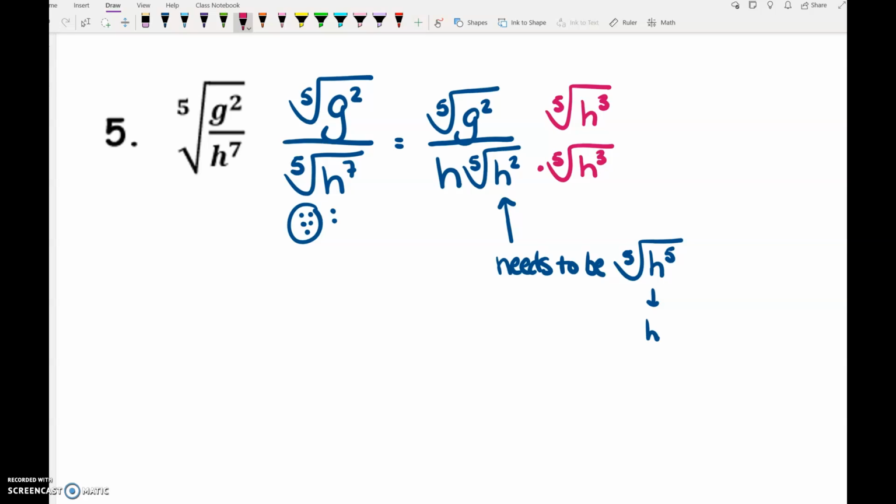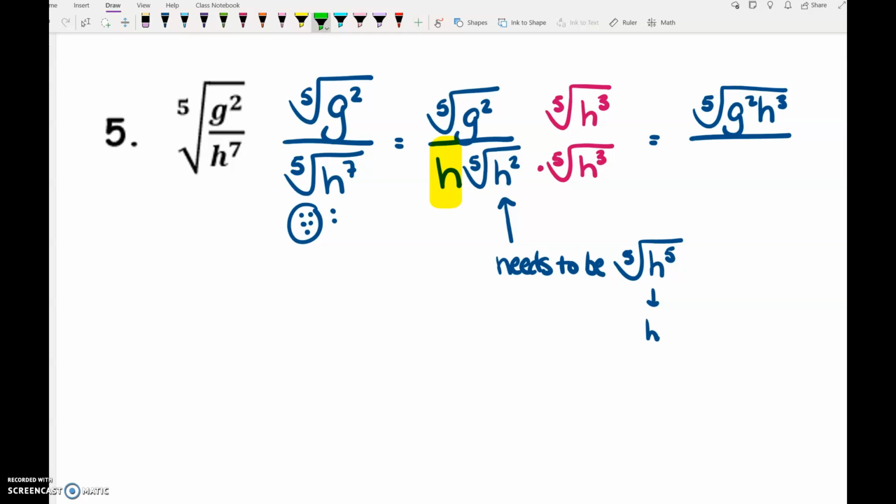I actually like this better than rationalizing with numbers because it doesn't involve the perfects chart. It's just we need a group of 5. We currently have 2. We need 3 more. Now what happens when we do this? On the top, we have the 5th root of g squared h to the 3rd. That's fine. On the bottom, we have the original h that we simplified in our first steps.